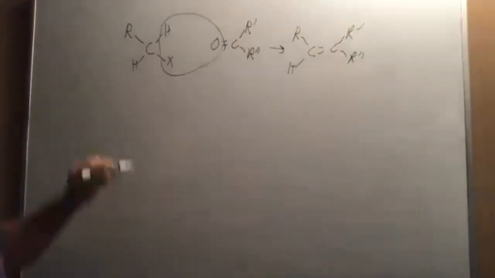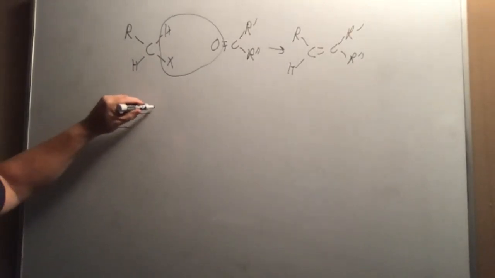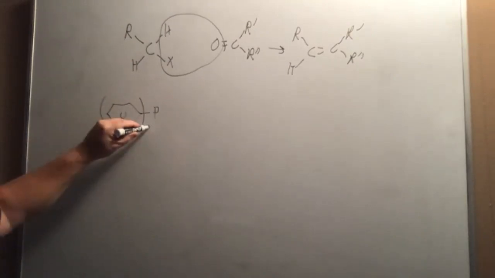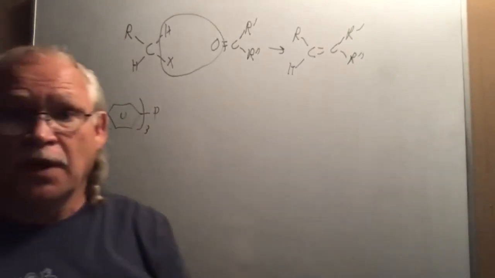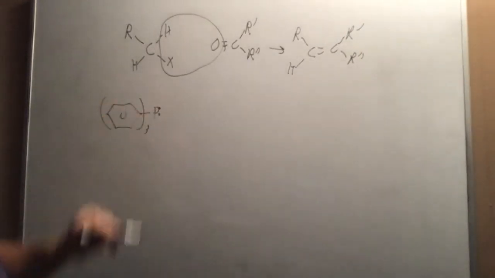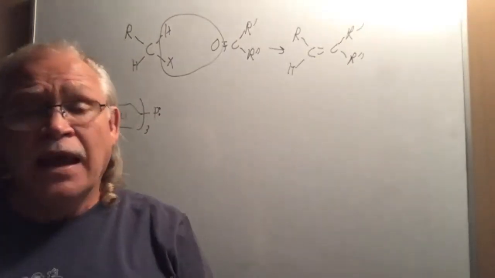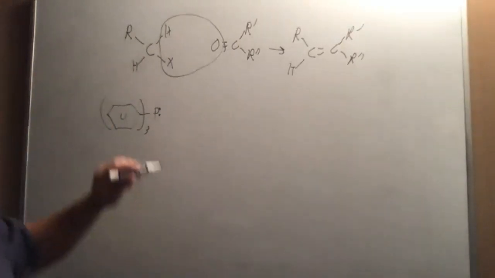But here's what happens. We're going to take this compound here, a phosphorus with three phenyl groups on it. Since phosphorus is in group 5, it still has a lone pair. Although this is very bulky, it is still a good nucleophile.